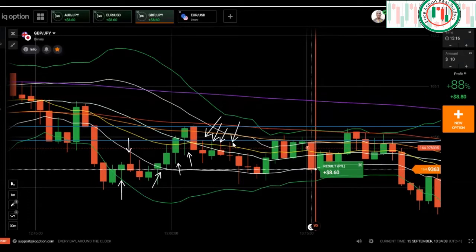Try to watch very well. All these wicks can make you fail. Even if your prediction is right, it can take you to a bad entry point and reject, and you can fail. So try to avoid this type of market with too many wicks.